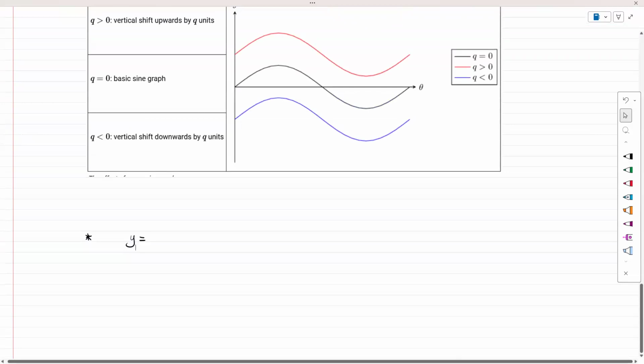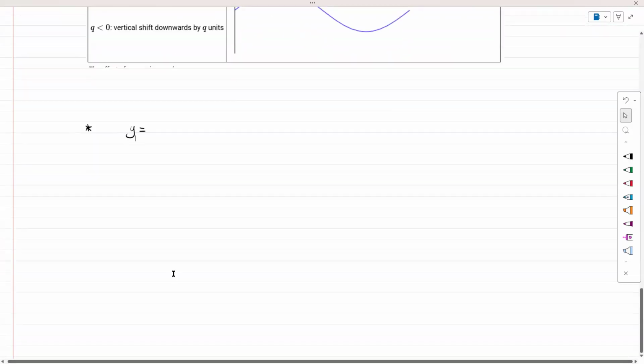We're gonna try and draw, let's try and draw a graph y equals 2 sine theta plus 3. Let's put x as an element of 0 and 360, right?